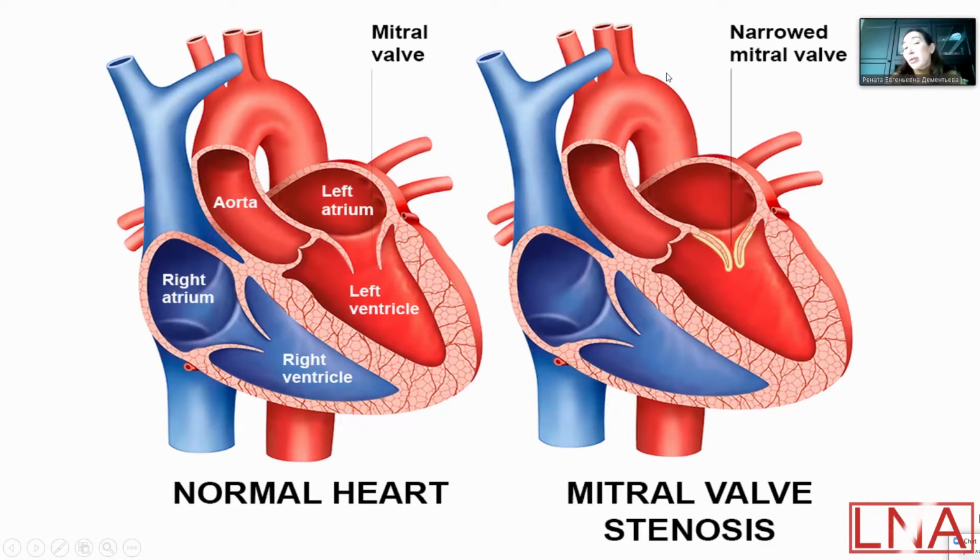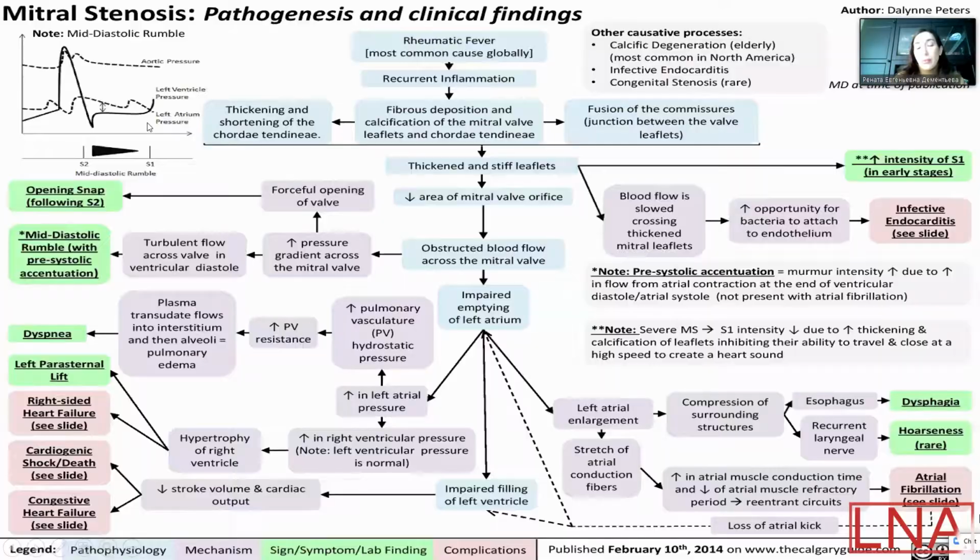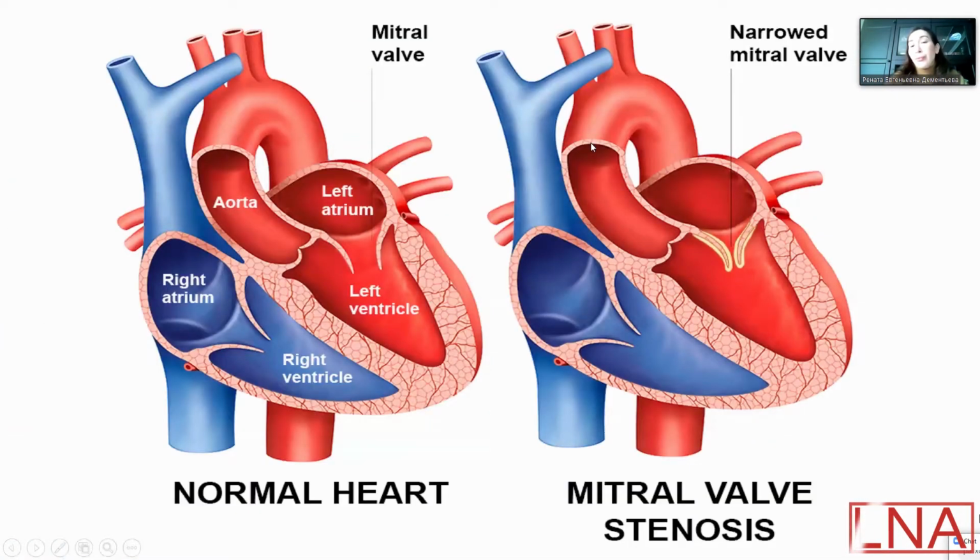Not all the volume of blood can go into the chamber of the left ventricle, leading to hypertrophy and dilatation, first of all of the left ventricle, and after that stagnation of blood in the small circulation, the pulmonary circulation, due to increased pressure in the left atrium.